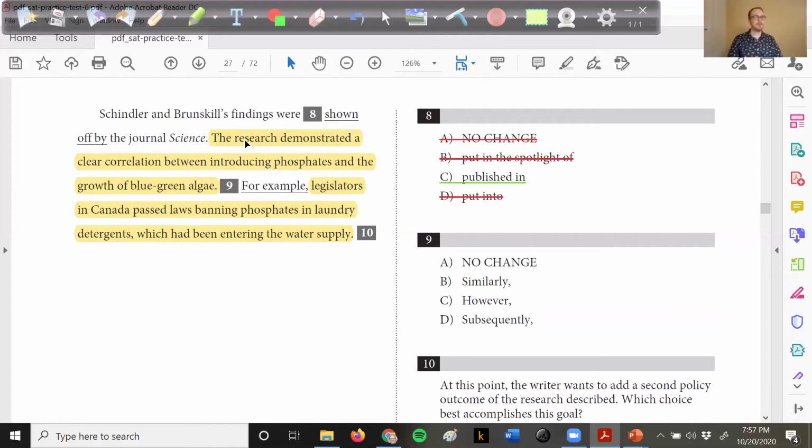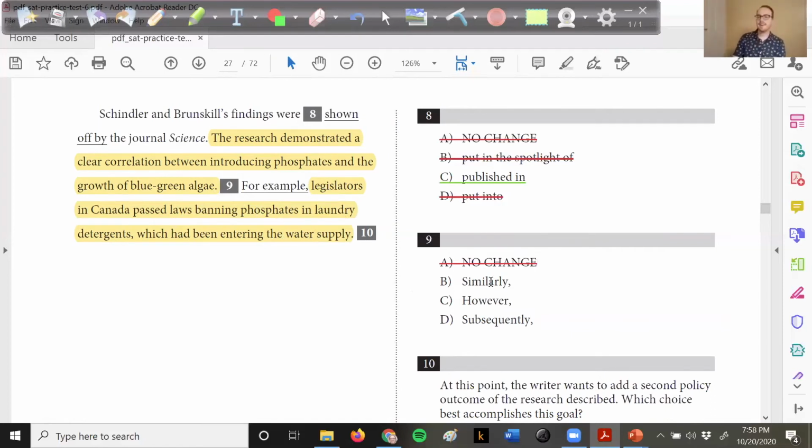So if the research demonstrated this, the clear correlation between phosphates and blue-green algae, then this should be about blue-green algae. But this is about legislators in Canada passing laws banning phosphates in laundry detergents. So I don't really like A. Similarly, legislators in Canada passed laws.